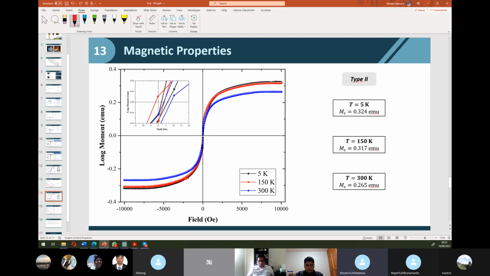This magnetization curve indicates that apparently sample 2 is superparamagnetic and not ferromagnetic, even though in this sample we have magnetite.